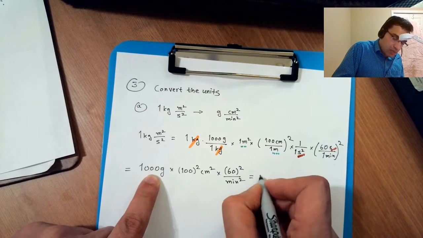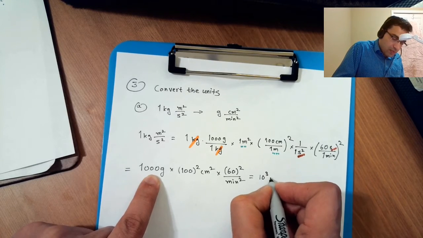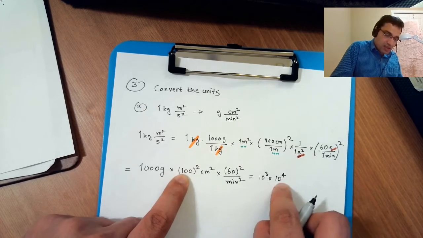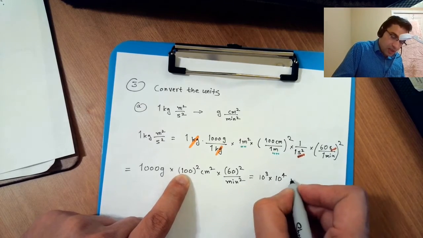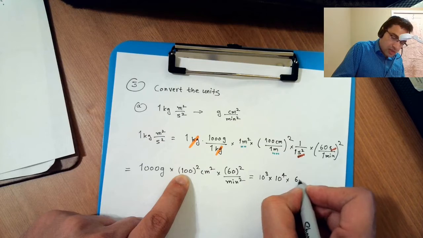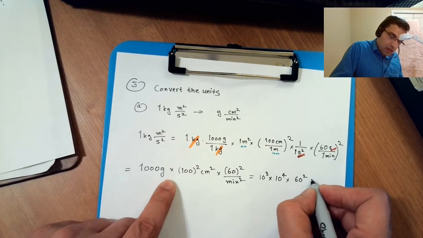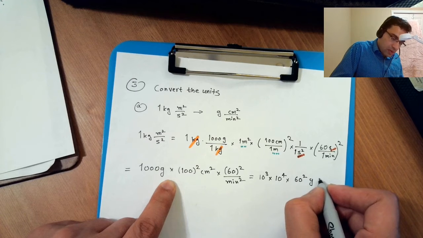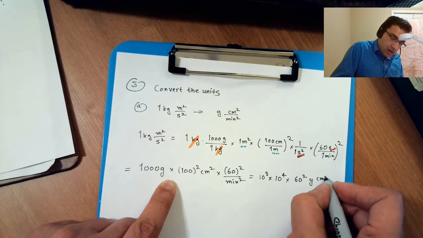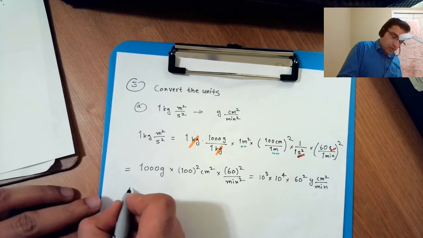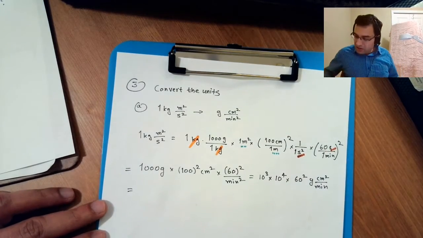Okay, so 10 to the power 3 times 10 to the power 4, that's 10 to the power 7, times 60 square. This is going to be in gram centimeter square divided by minute square. Just simplify this a little bit.